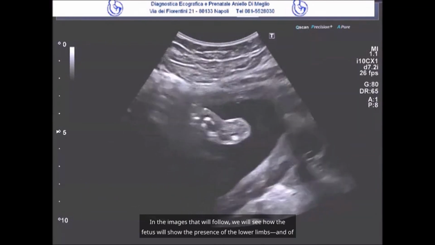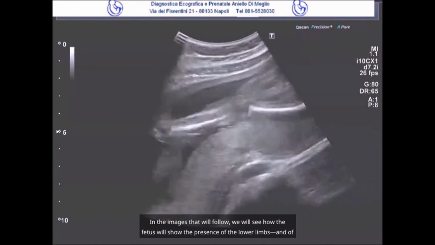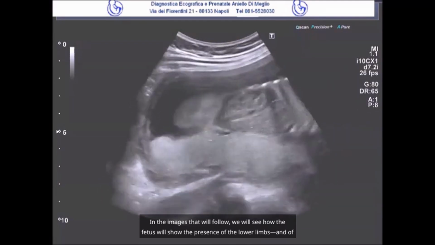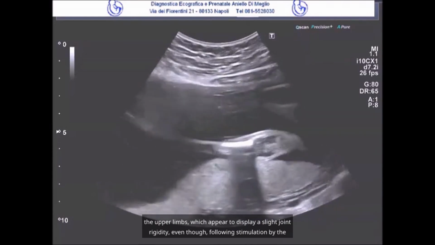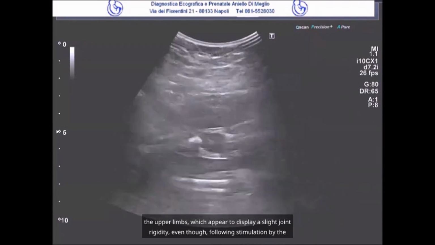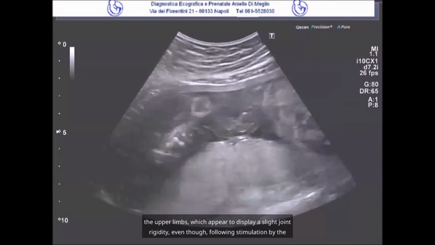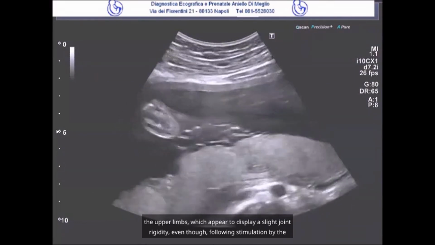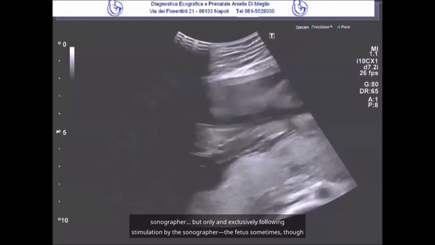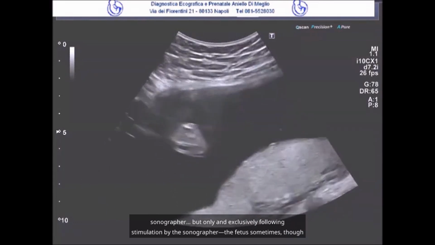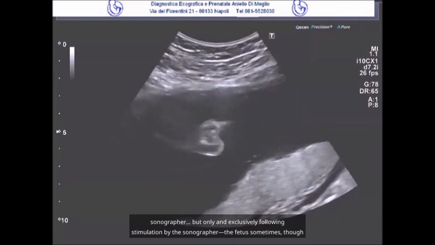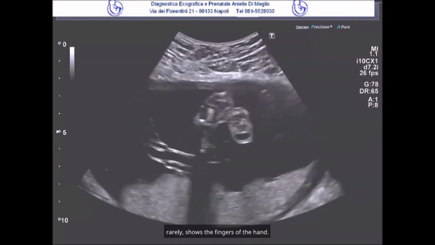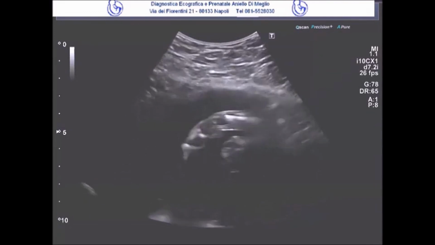In the images that will follow, we will see the lower limbs and the upper limbs, which appear to display a slight joint rigidity, moving only following stimulation by the sonographer. The fetus sometimes, though rarely, shows the fingers of the hand.